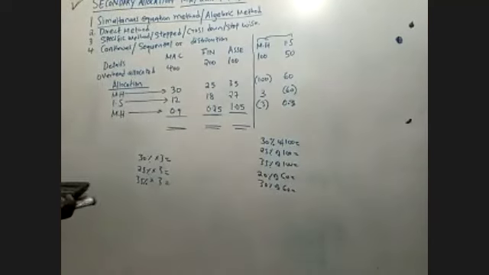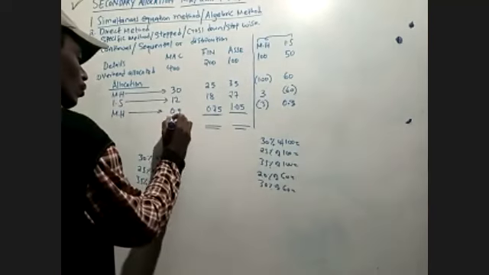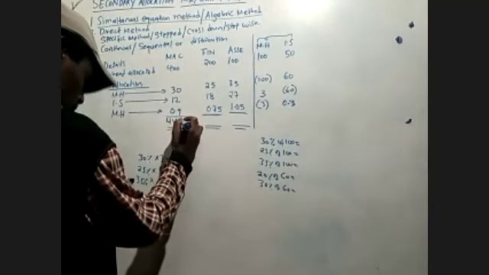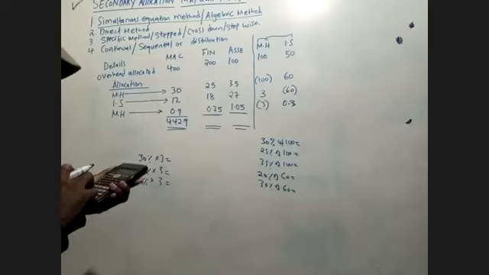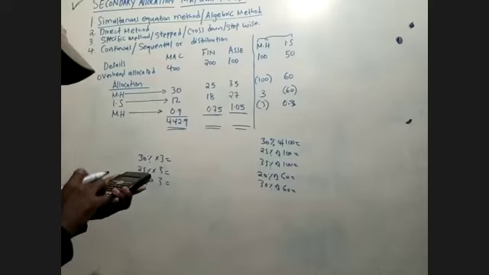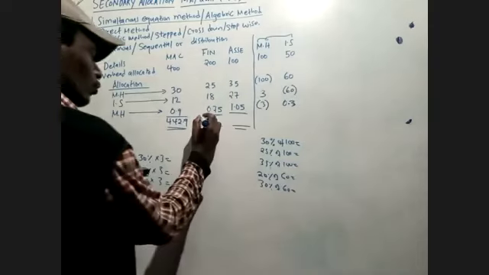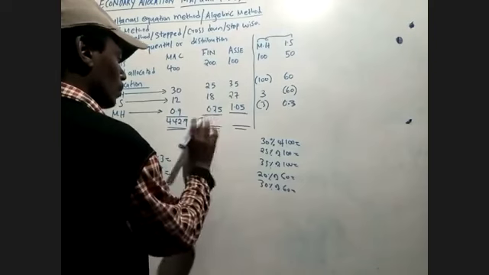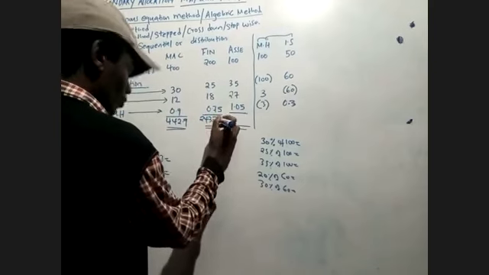So 400 plus 30 plus 12 plus 0.9 will be equal to 442.9. Then again 200 plus 25 plus 18 plus 0.75 is 243.75.